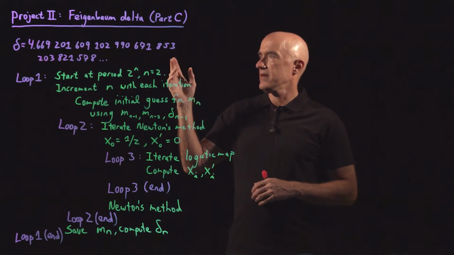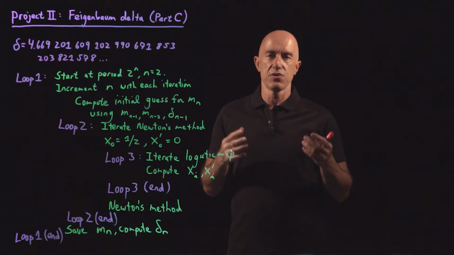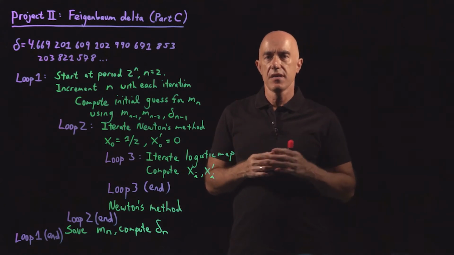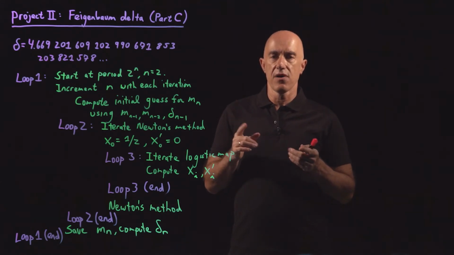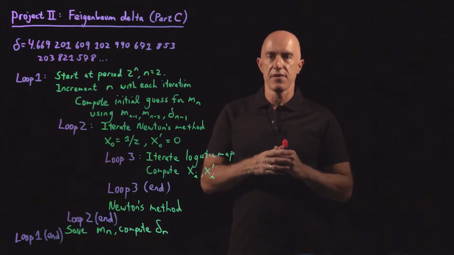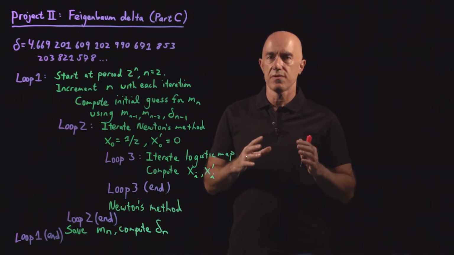In part B, I detailed an algorithm for computing the Feigenbaum delta that makes use of root finding, and in particular Newton's method, which is the fastest possible method for finding a root.